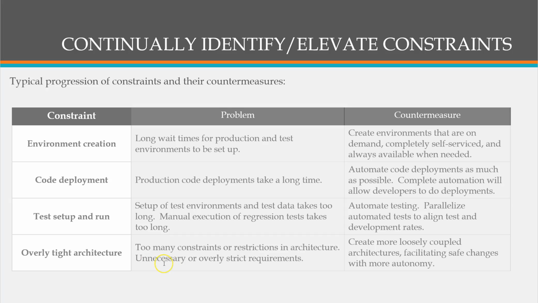Some of them are unnecessary or overly strict, and one way around that is to evaluate those and determine which ones can be removed, and to create more loosely coupled architectures, facilitating safe changes with more autonomy. A lot of these are just some examples, but the point is to identify and evaluate your systems and processes so that you can determine what can be changed and improved upon.